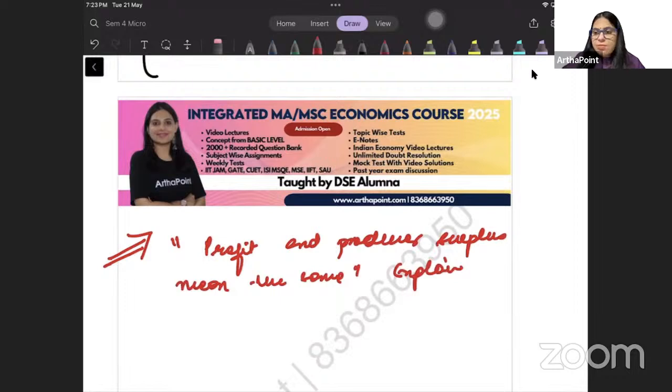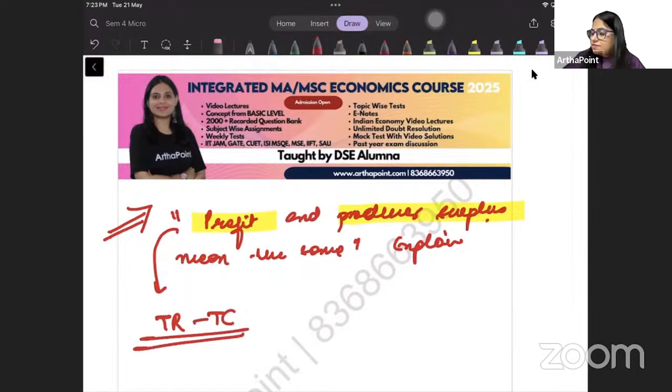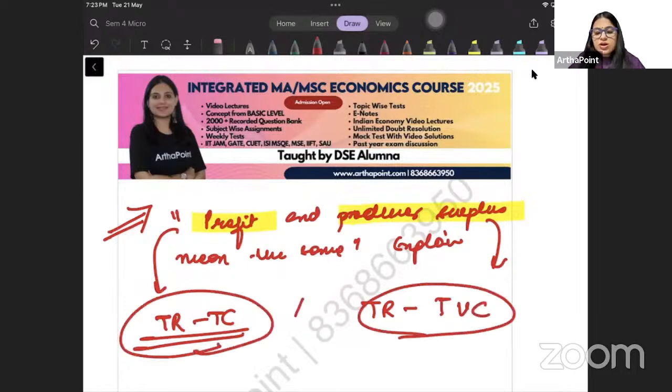So you need to remember that profit and producer surplus, both of them are not the same beta. जब हम profit की बात करते हैं, so it is total revenue minus total cost. And when we talk about producer surplus, it is total revenue minus total variable cost. So these two things are not the same. तो इस पे एक छोटा सा part आ सकता है. So just you need to go ahead and remember this part, right?